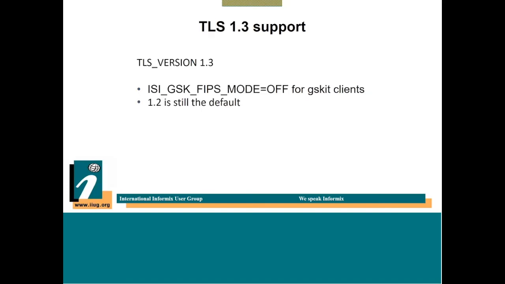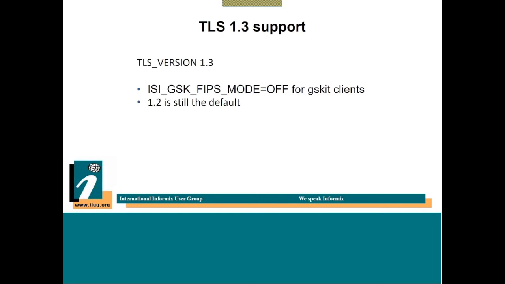I'm not sure who coded those. This was Dave's project. We now support TLS 1.3. There's one wrinkle. GSKit clients can't currently use FIPS and TLS 1.3. If they're using FIPS, we'll default to 1.2, assuming that you've got that in your TLS version config parameter.